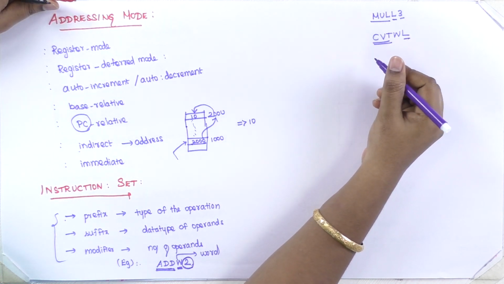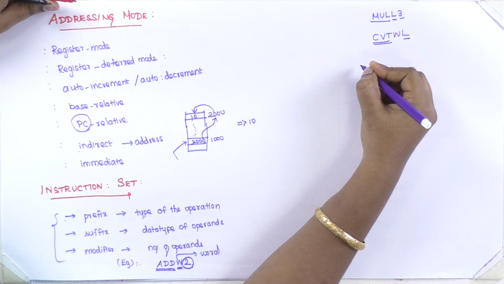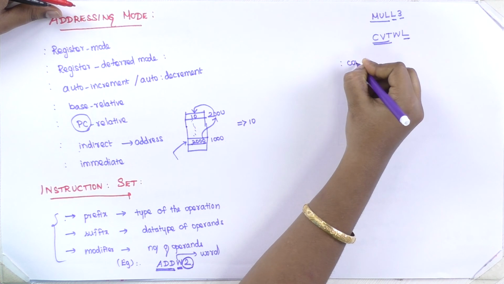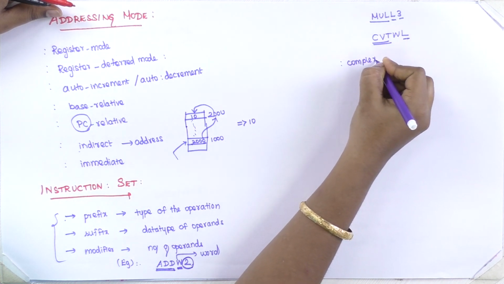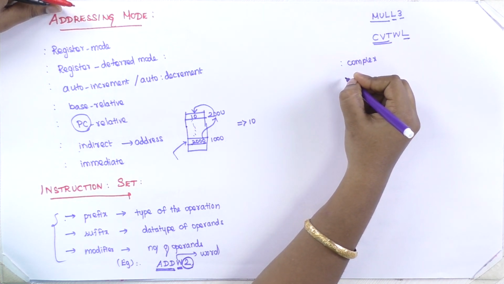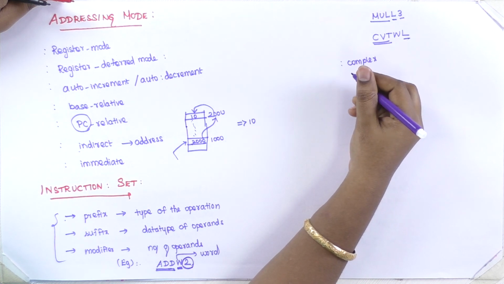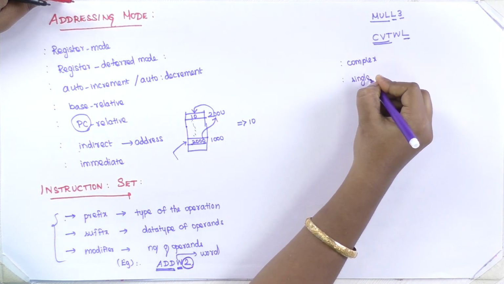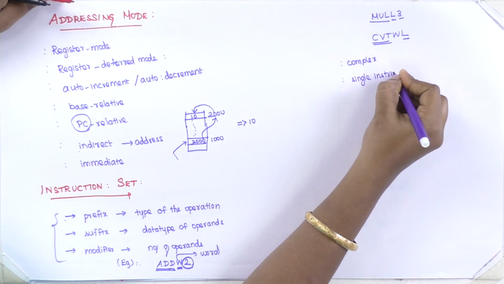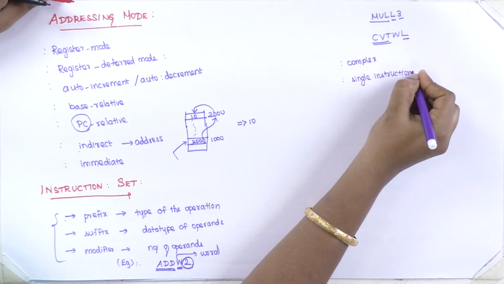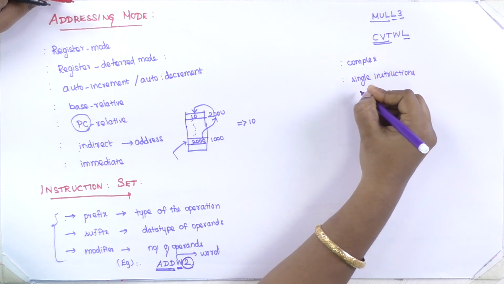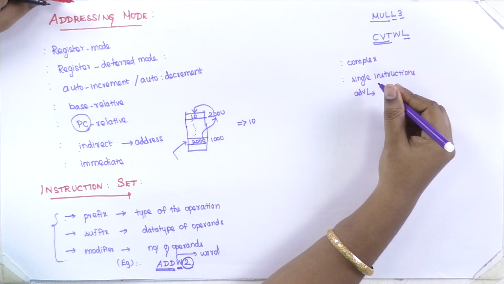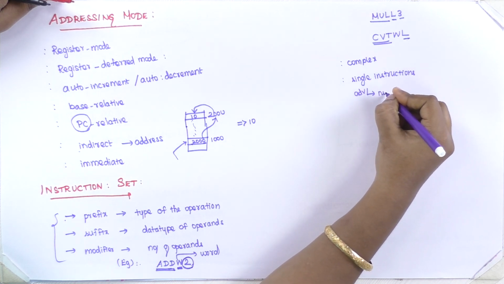Operands may be located in register or memory or instruction itself. Some operations are very complex. Hardware realization of frequently occurring code sequences is implemented as single instructions. The advantages of implementing as a single instruction: it could be used for saving the designated number of registers.